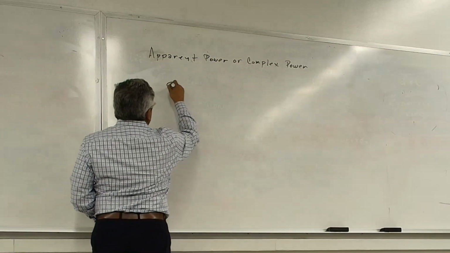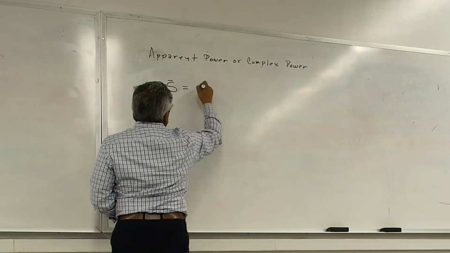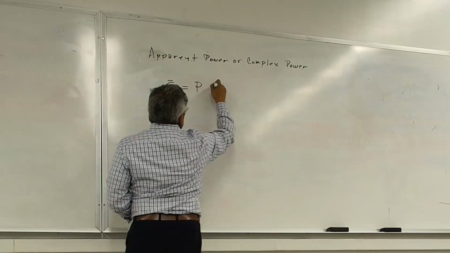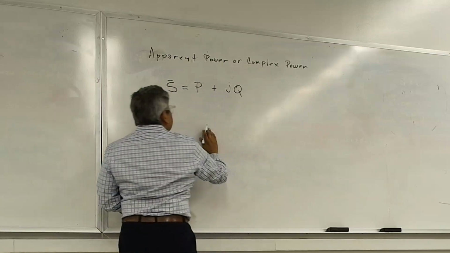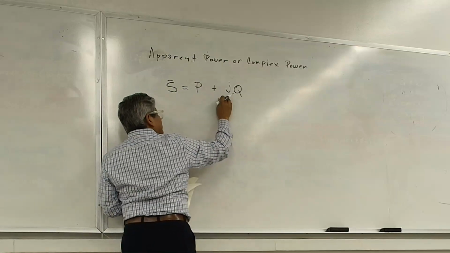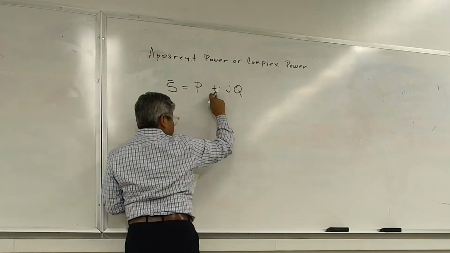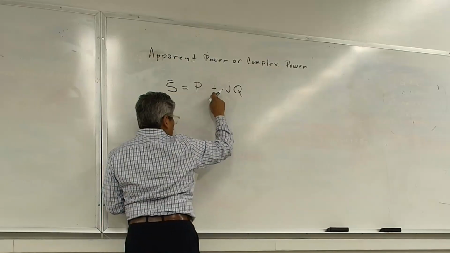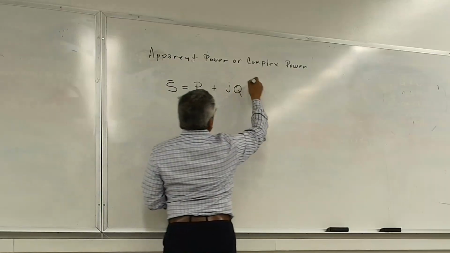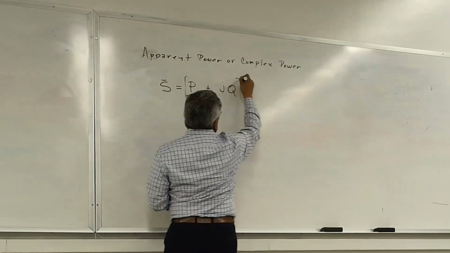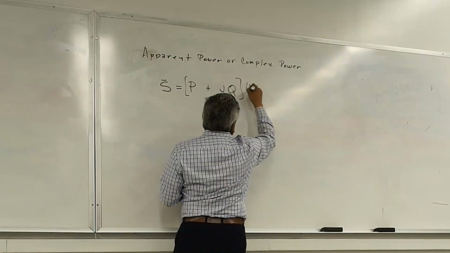So S, defined by the letter S, is equal to P plus jQ. If it's an inductive load, this is positive. If it's a capacitive load, this is negative. So this can be plus or minus, but let's leave it as plus right now. And the units for this whole thing, not just one part, is volt amperes.